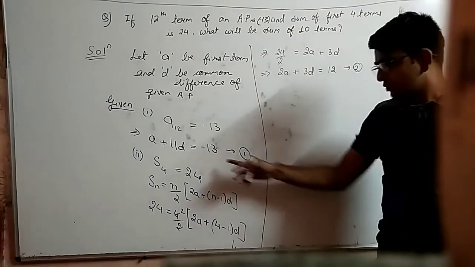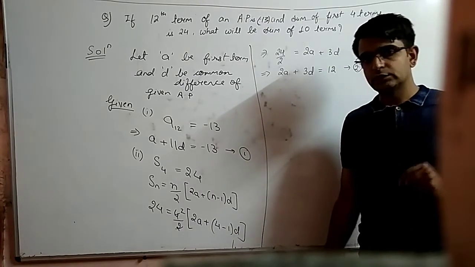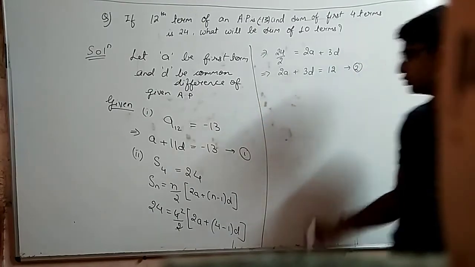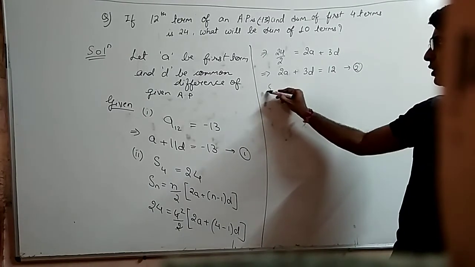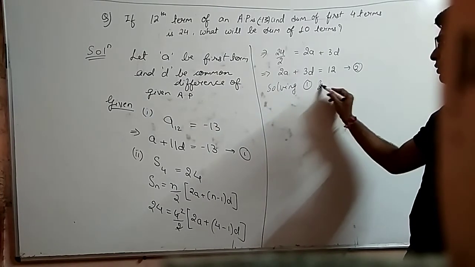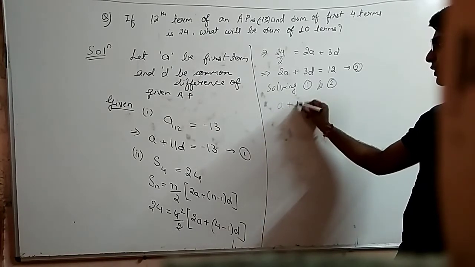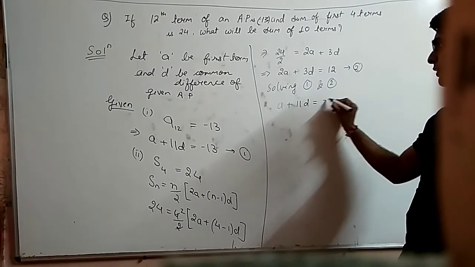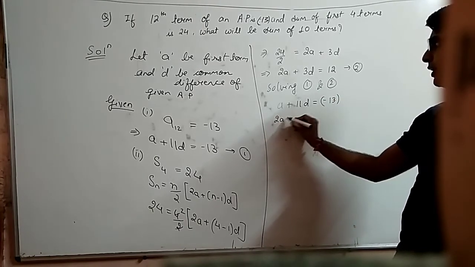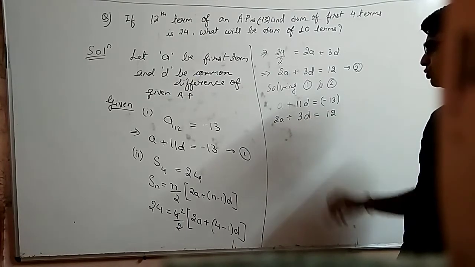Now see, first and second, we have a pair of linear equations in two variables, so we can solve it by any method as you wish. Okay, I am solving it by elimination. What I have in the first equation is a plus 11d is minus of 13, and the second equation I have is 2a plus 3d is equal to 12.